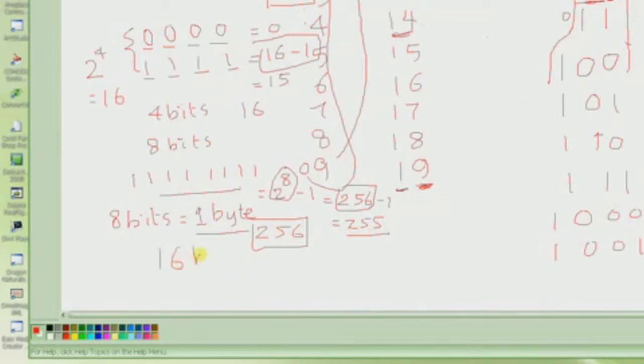Similarly, a collection of 16 bits is called 1 word, and 32 bits is called 1 double word. These are the terms that you will hear again and again in programming languages and computer science everywhere.